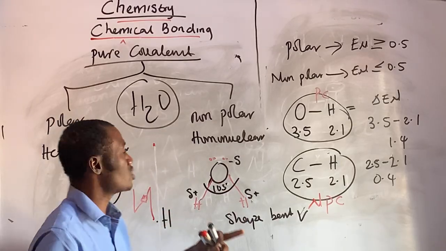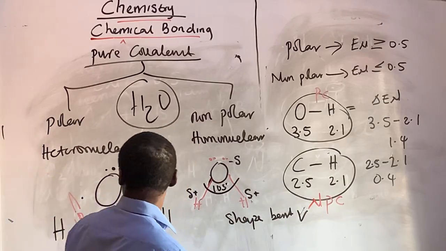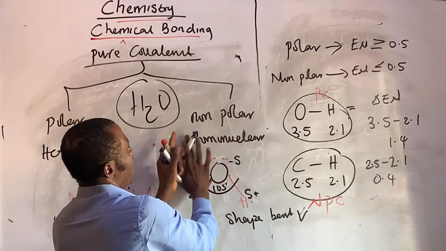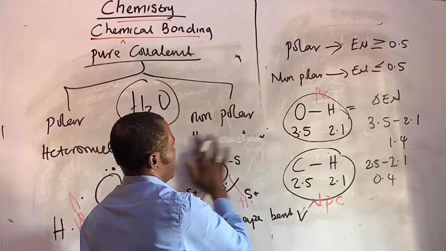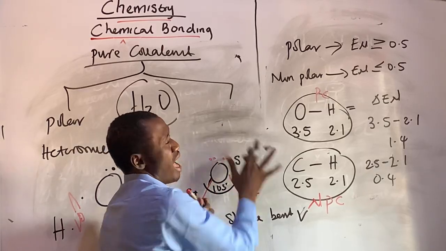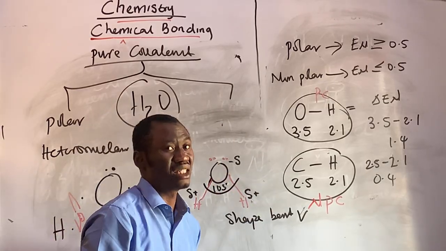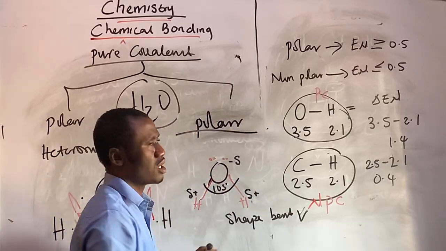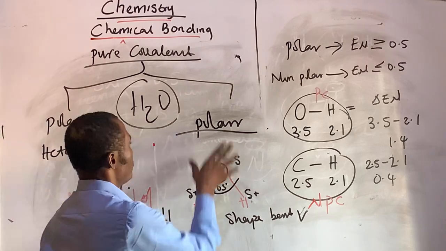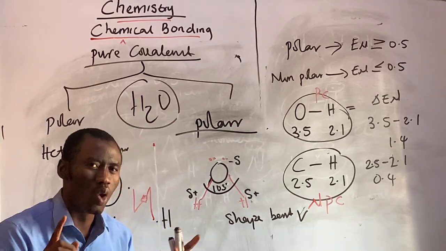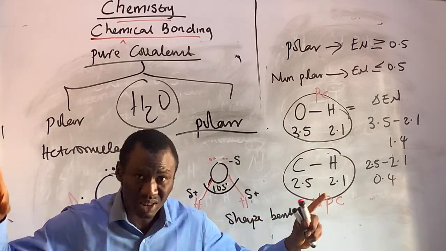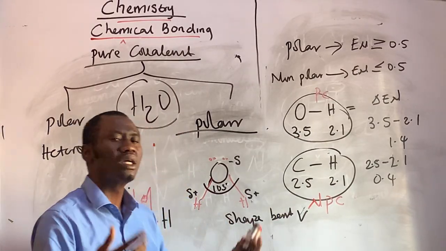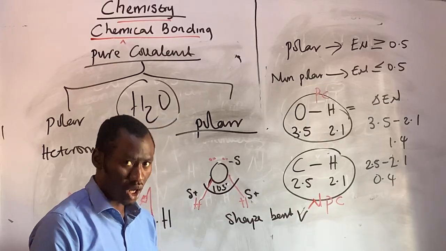You understand that the heading here is not for this. Let me change it for you. So you should not say that I taught you that non-polar has poles. No, this is polar. It's just because I've already written on both sides. So polar. Now it has poles. It has partial positive, partial negative. The electrons are unequally shared, so we call it a polar molecule.